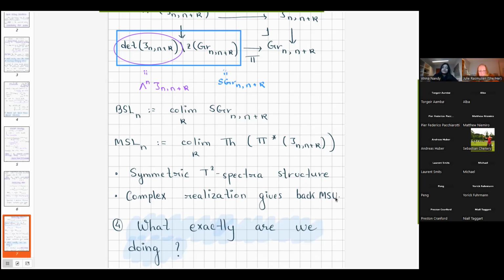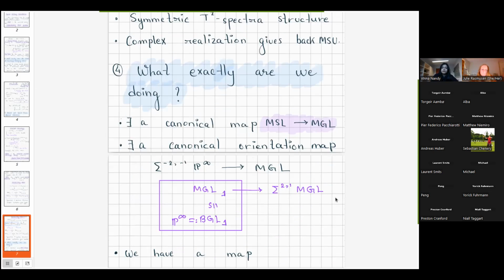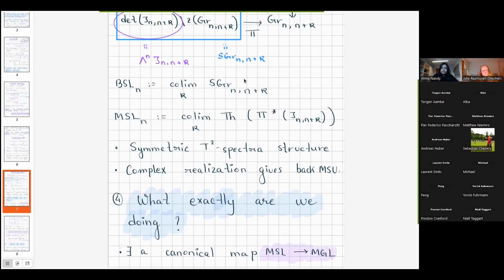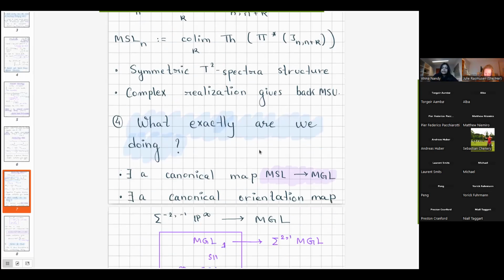And if we want to extend some relation involving MU and MSU, we better do it with MGL and MSL. Okay. So now, what exactly are we trying to do in this talk? I gave you the construction to kind of convince you that there exists a canonical map from MSL to MGL.